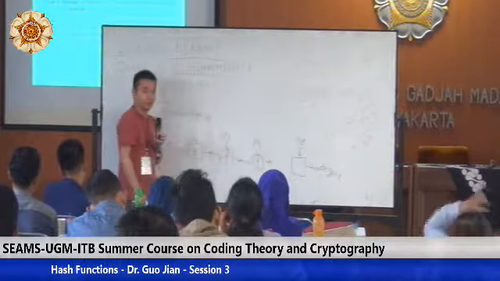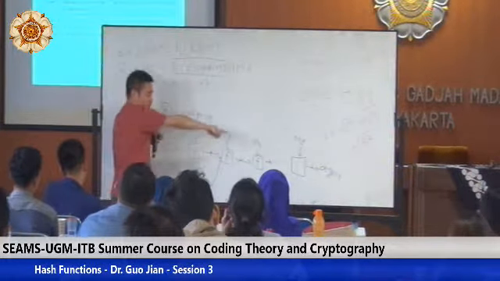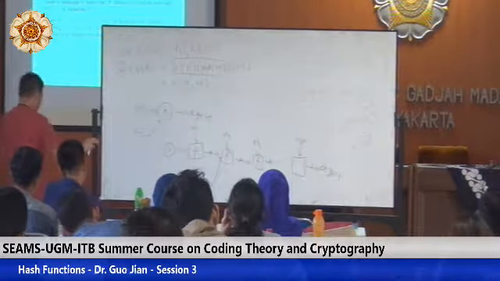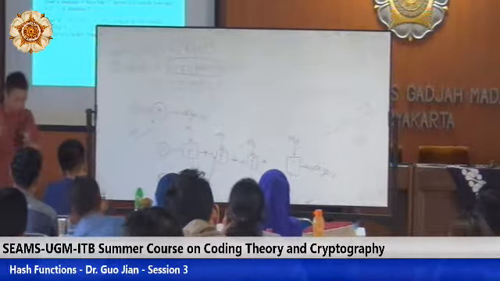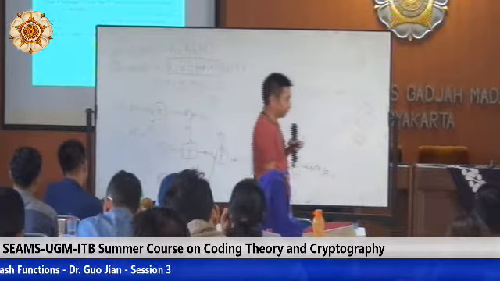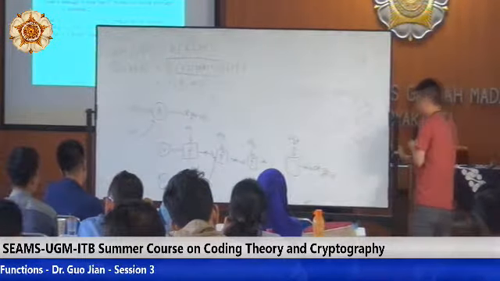Yeah? As long as you hit one of them, you follow all the rest of the message blocks to the digest. Yeah? So that's the problem of the second preimage attack. So instead of 2 to the n expected security level, you only get 2 to the n minus k for the Merkle-Damgard construction.